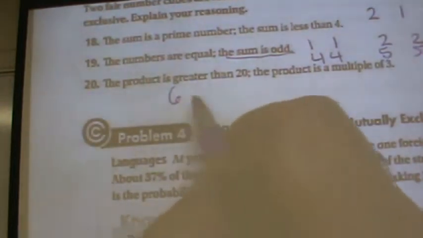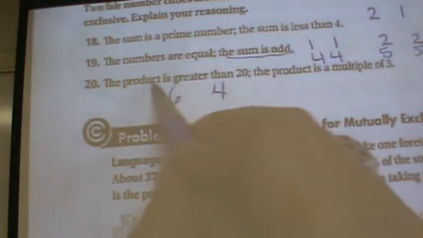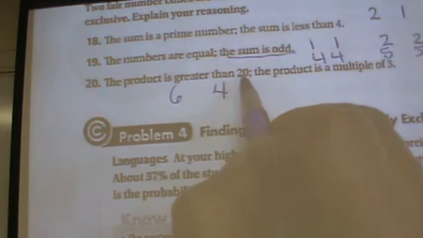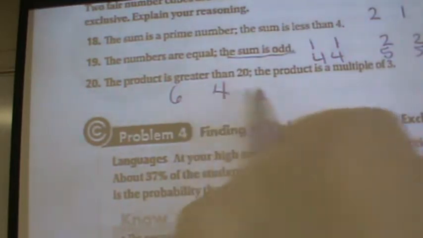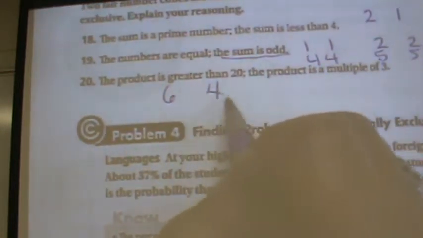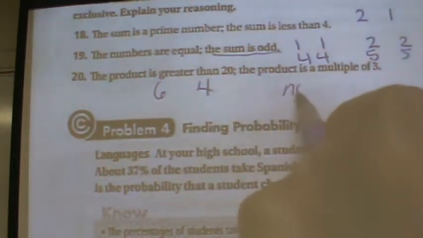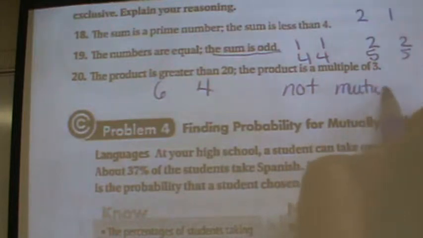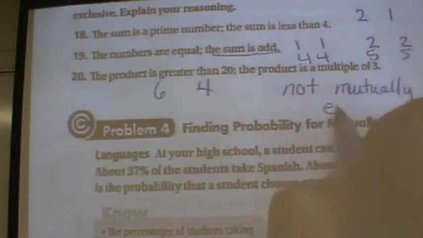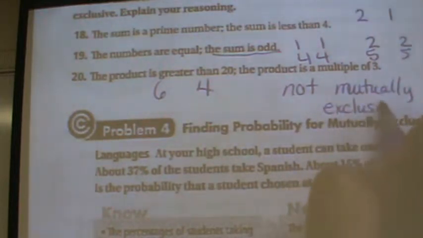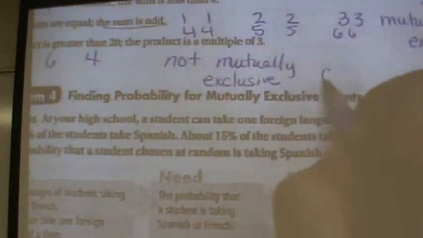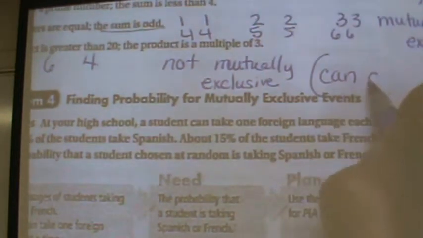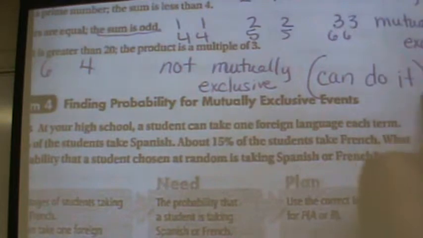If you got a 6 and a 4, that product is greater than 20, it's 24, and their product is also a multiple of 3, because 3 goes into 24. So we say these are not mutually exclusive. We can do this.